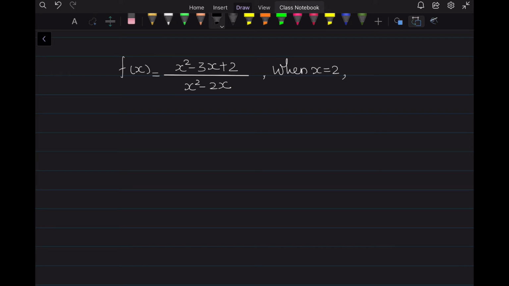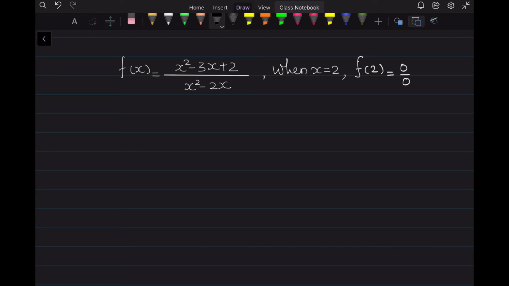When you substitute x is equal to 2 in this expression, you'll see that f of 2 is 0 over 0. Substituting x is equal to 2 in the numerator makes it 0, which means that x minus 2 must be a factor of the numerator. Similarly, substituting x is equal to 2 in the denominator makes it 0, so x minus 2 must also be a factor of the denominator. See, this is just algebra.